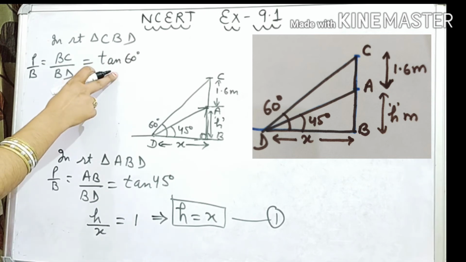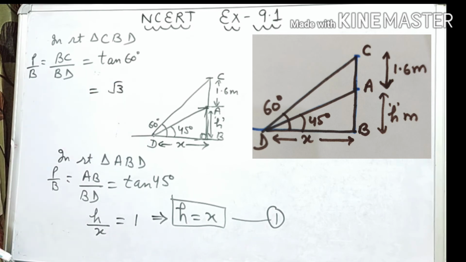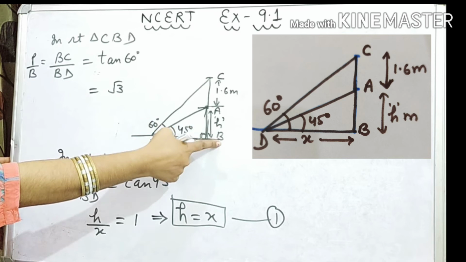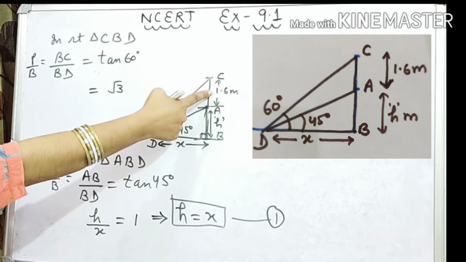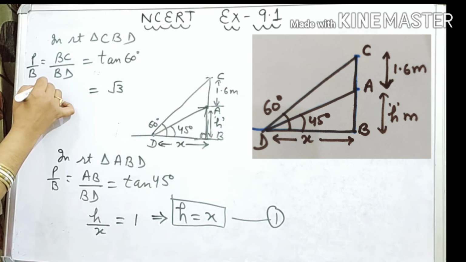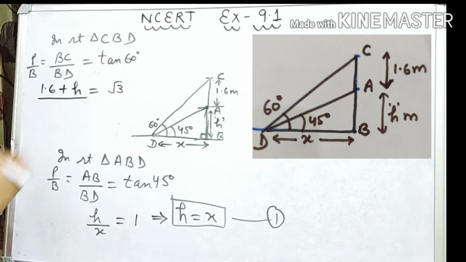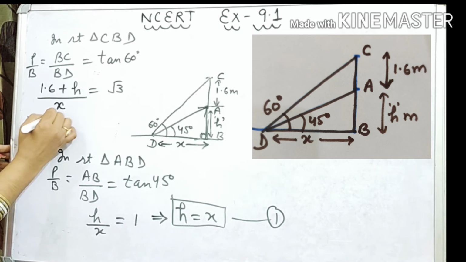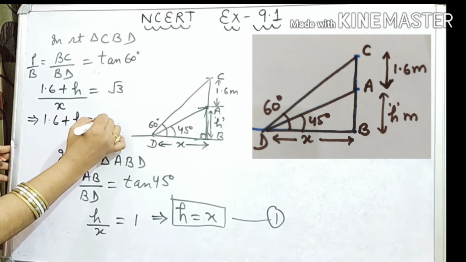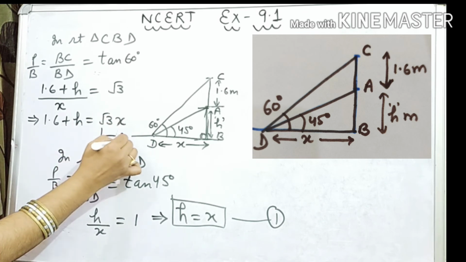You should know the value of tan 60. It is root 3. So put here root 3, and BC, see here from the figure, BC is divided into two parts, 1.6 and h, AC plus AB. So I can write it as 1.6 plus h, upon BD, and BD we have supposed as x. Now just cross multiply, we'll get 1.6 plus h equal to root 3 x. This is our equation number 2.